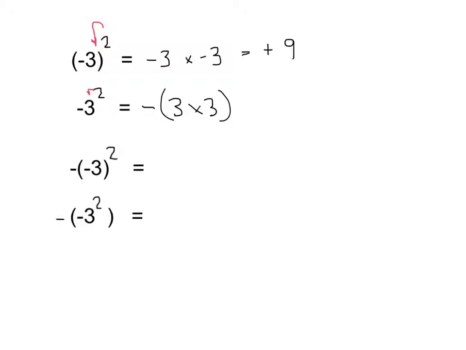Actually, I'll put those parentheses in a different color so that you can see that we're just using them as an interpretation. And so what we're really saying is we want to square 3, which is 9, and then we want to return the minus sign to that position and say we want the opposite of that. So this is the opposite of whatever 3 squared is, so it's -9.